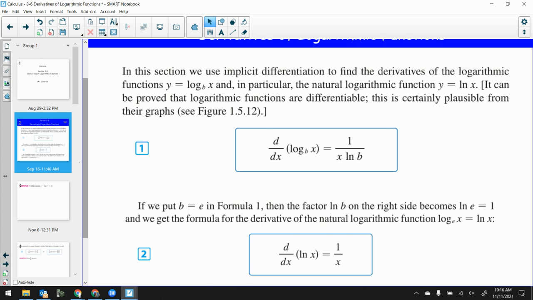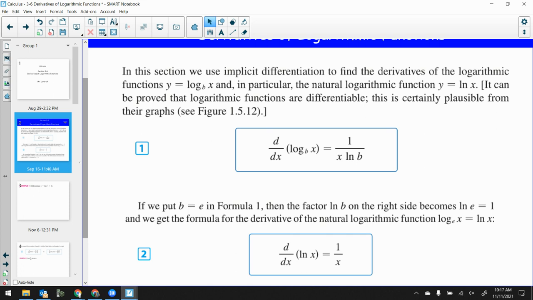It's similar to the exponential rule. The exponential rule was b to the x ln b. Instead of b to the x ln b, I have 1 over x ln b. So it's really quite similar. Now, we learned that the derivative of e to the x was very simple, right? What is the derivative of e to the x? E to the x. Let's examine the derivative of natural log of x, because that ties directly into e to the x.